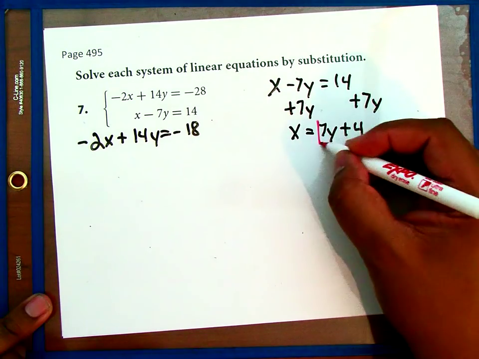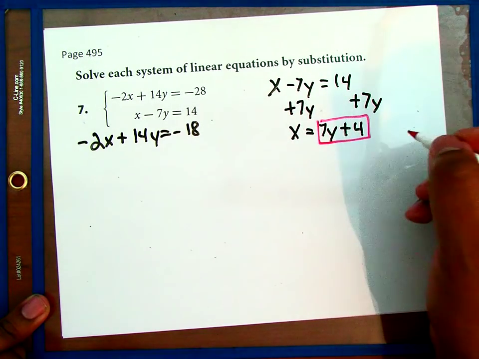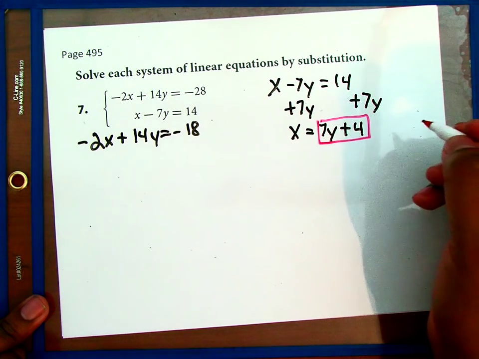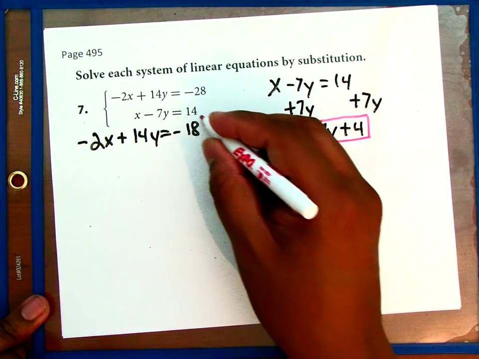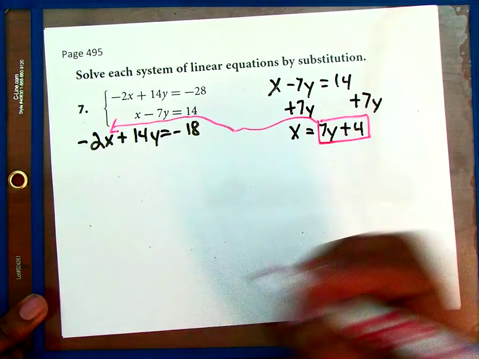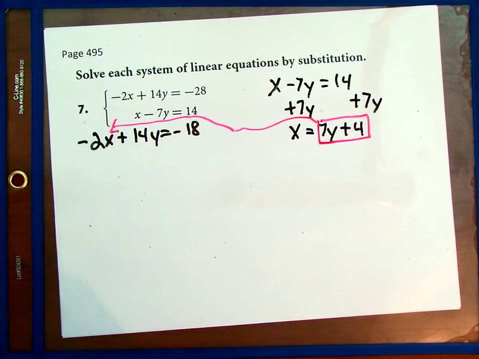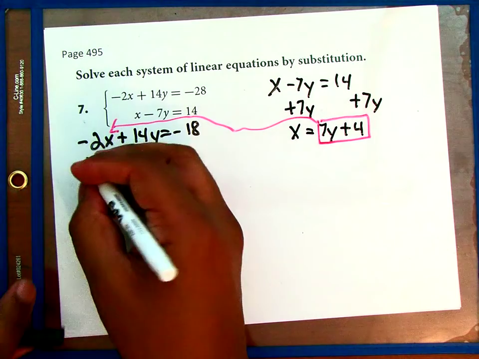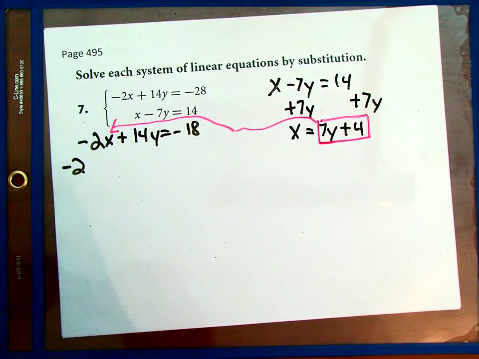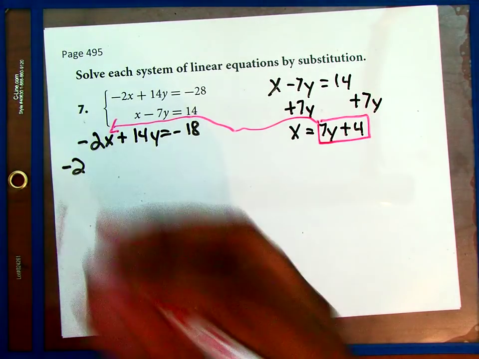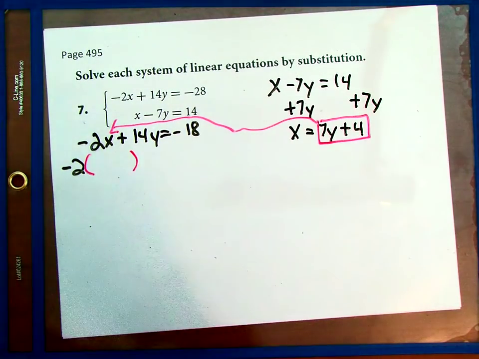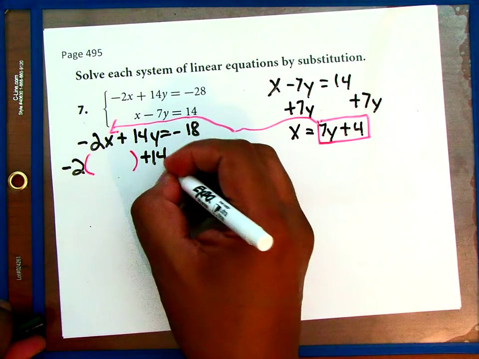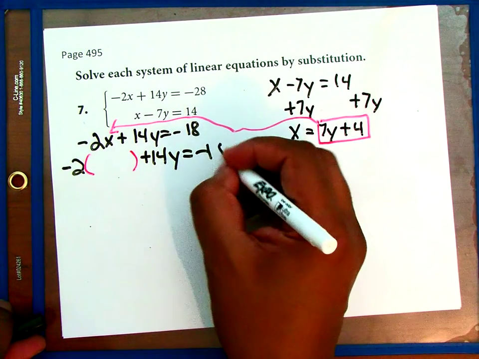So this is my value for x here. And I'm going to take that and plug that in to this x right here. So I'm going to write that out as negative 2 times x plus 14y is equal to negative 18.